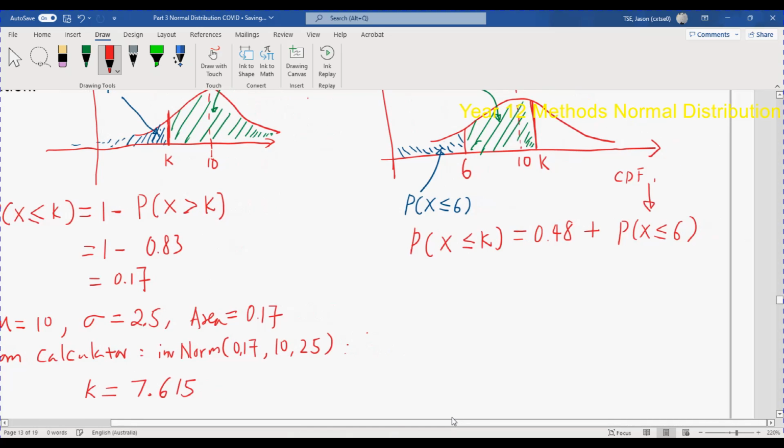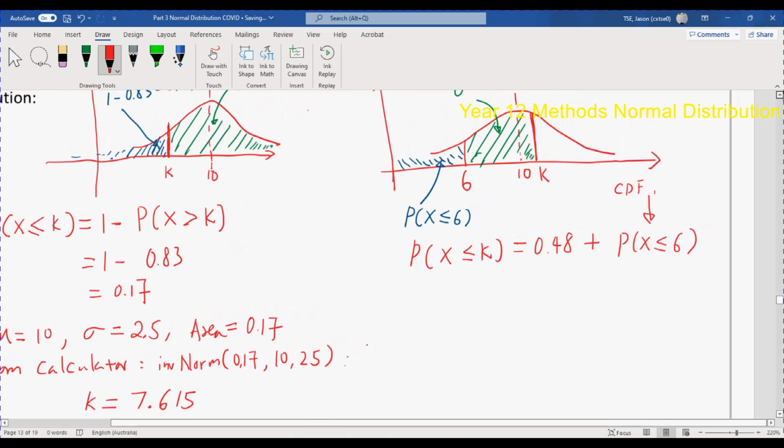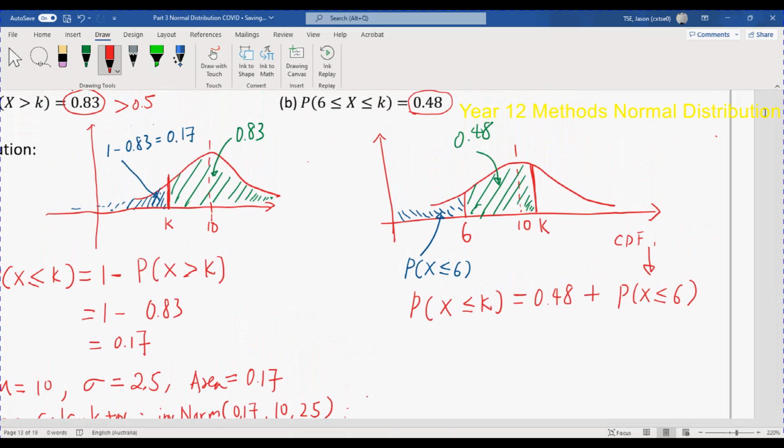The mean is 10. Standard deviation again is 2.5. And the upper bound is 6. How about the lower bound? There's no lower bound. The lower bound is negative infinity. So let's use the calculator to find this part first.